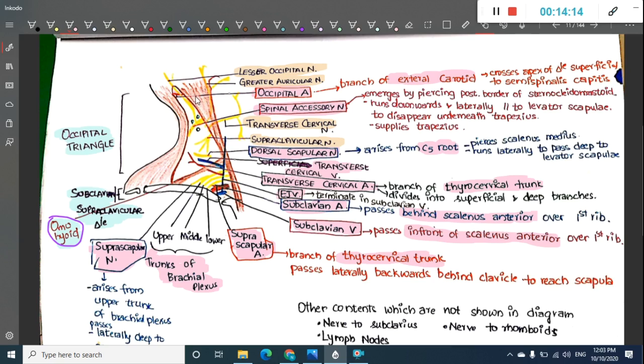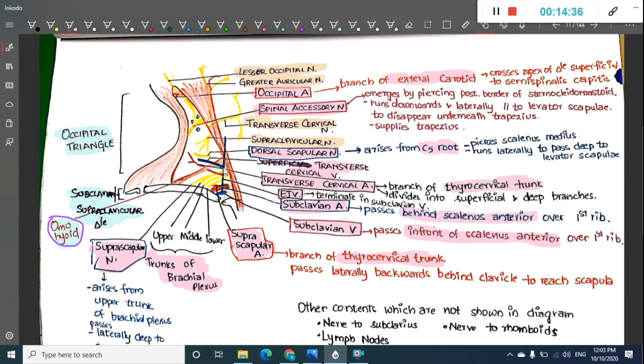All these 4 will supply the skin. Then the deeper structures: from above downwards we have occipital artery, then spinal accessory nerve, then dorsal scapular nerve and transverse cervical vein. These are the contents of occipital triangle.